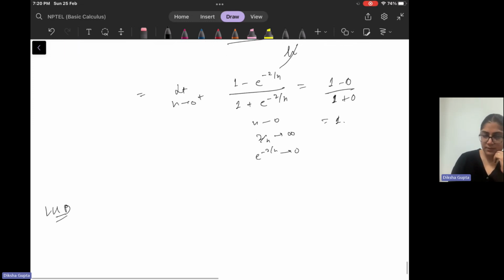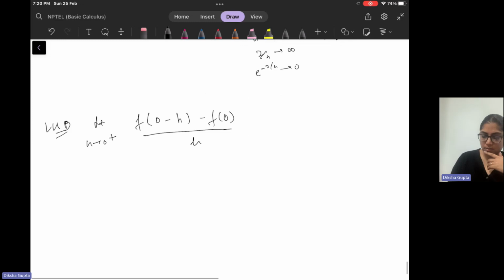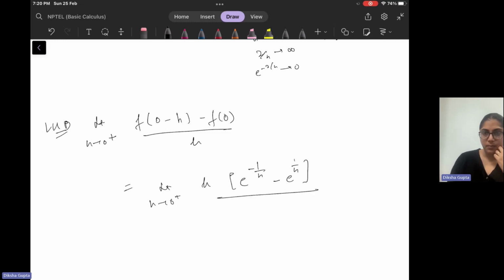Now left hand derivative is limit h tending to 0 plus of f of minus h minus f of 0 upon minus h. So this is limit h tending to 0 plus, f of minus h is minus h into e to the power minus 1 by h minus e to the power 1 by h upon e to the power minus 1 by h plus e to the power 1 by h, minus 0, upon h.